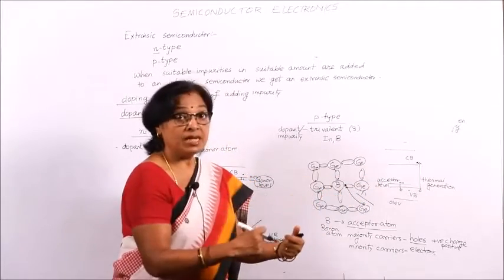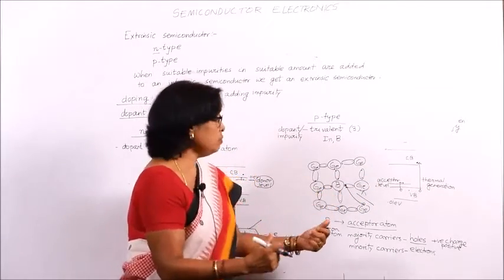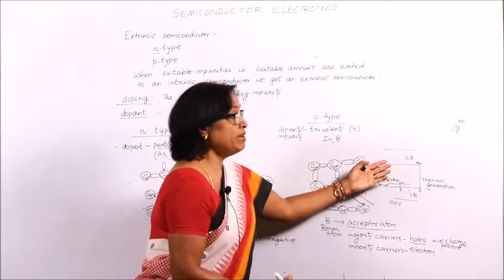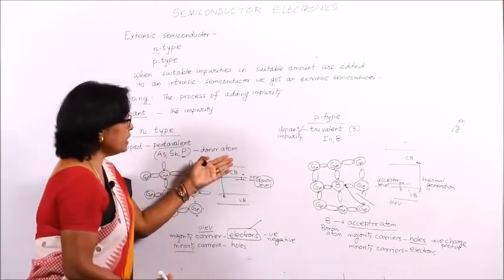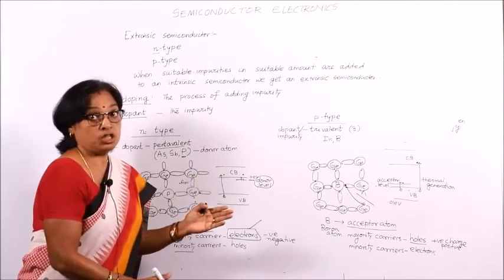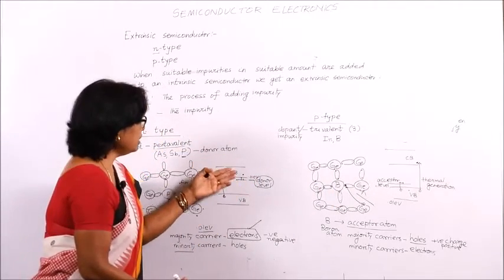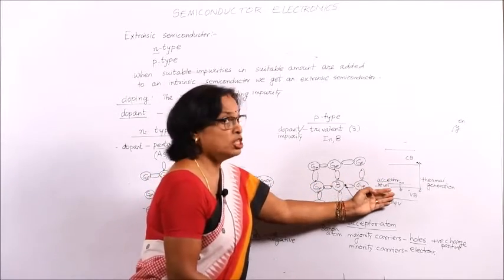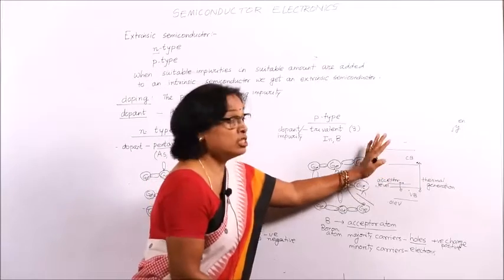Boron here accepts an electron, that is why it is an acceptor atom, and the acceptor atom energy level is just above the valence band. The donor energy level is just below the conduction band. That is the difference. The acceptor level is just above the valence band, not near the conduction band.